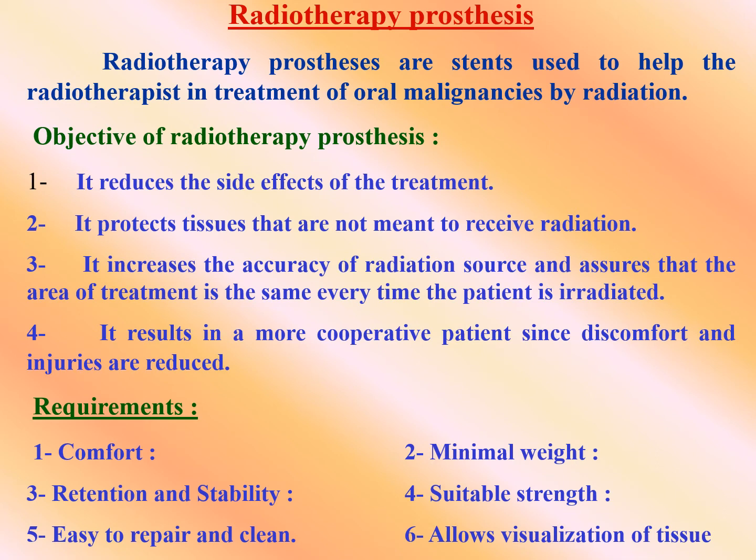It protects tissue that are not meant to receive radiation. It increases the accuracy of radiation source and assures that the area of treatment is the same every time the patient is irradiated. It results in a more cooperative patient since discomfort and injuries are reduced. These are the objectives of radiotherapy prostheses.